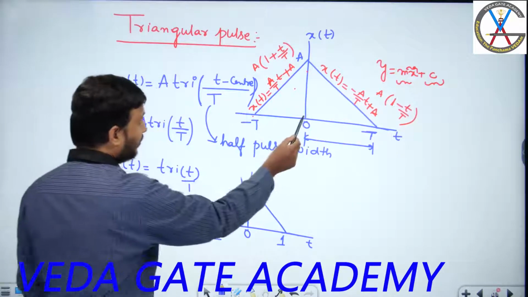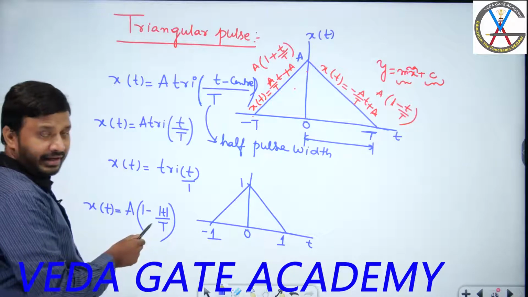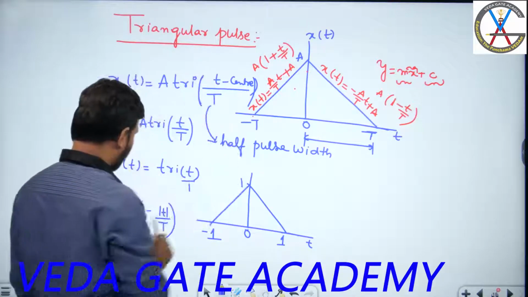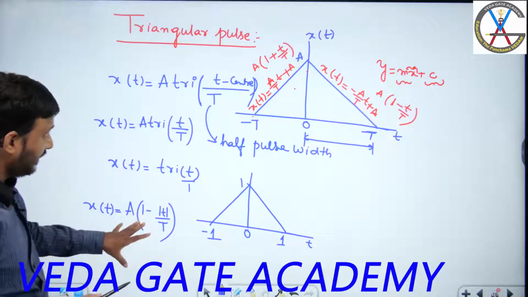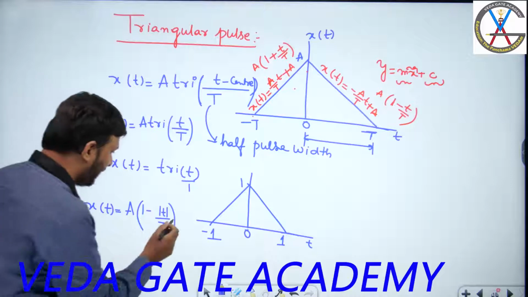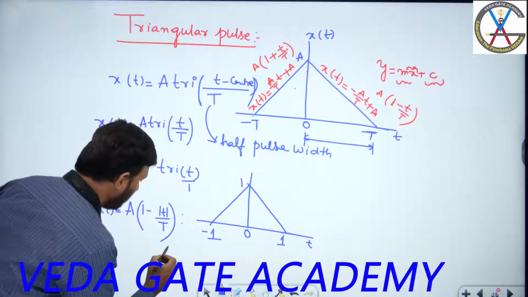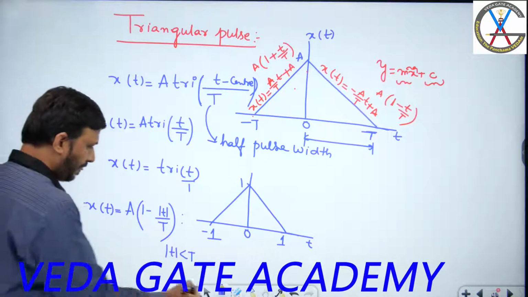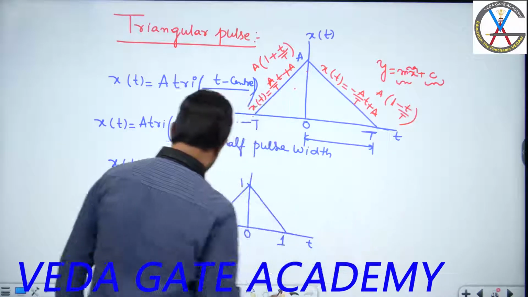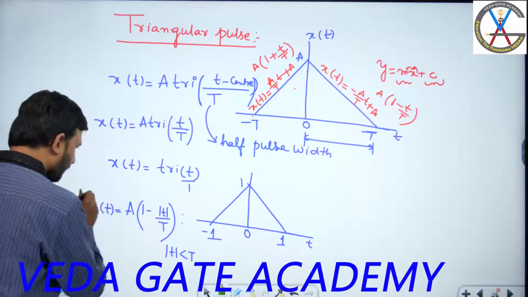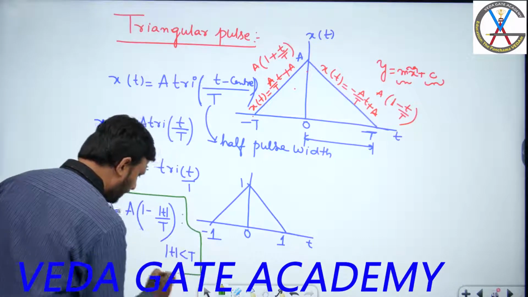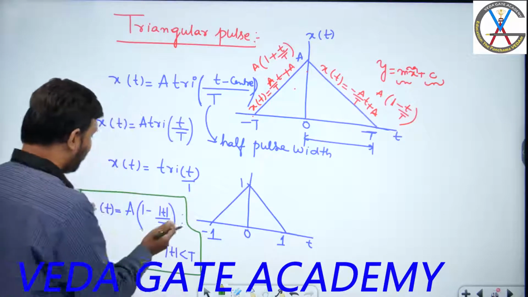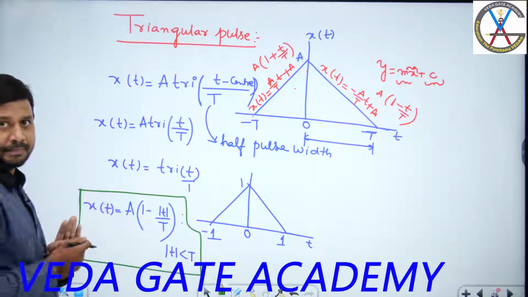If I take from minus T to 0, mod t will become negative, the independent variable will become negative, and I will get the equation of this line. So this is the equation of this triangular pulse for mod t less than T. Try to remember this one. This is one more representation. Mod t less than T means from minus T to T. This is the behavior of the triangular pulse.